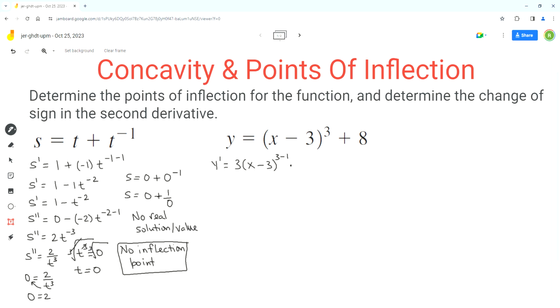The inner function is x minus 3 and the derivative of that is 1 minus 0, plus, now 8 is a constant, so its derivative is equal to 0. Now we can simplify this expression.